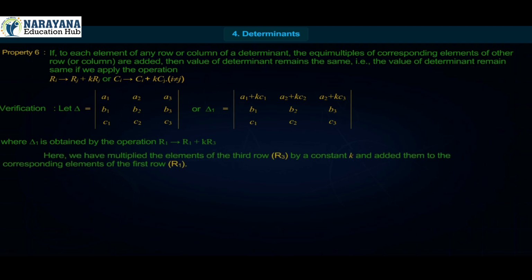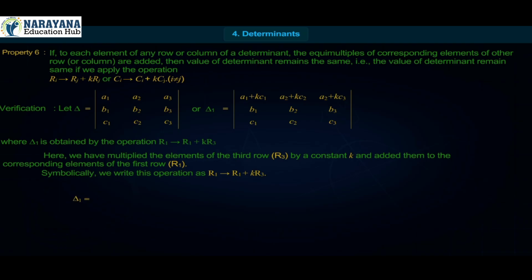Here we have multiplied the elements of the third row R3 by a constant K and added them to the corresponding elements of the first row R1. Symbolically, we write this operation as R1 to R1 plus KR3.